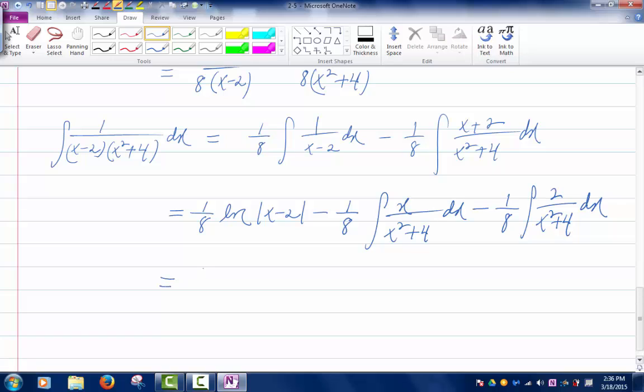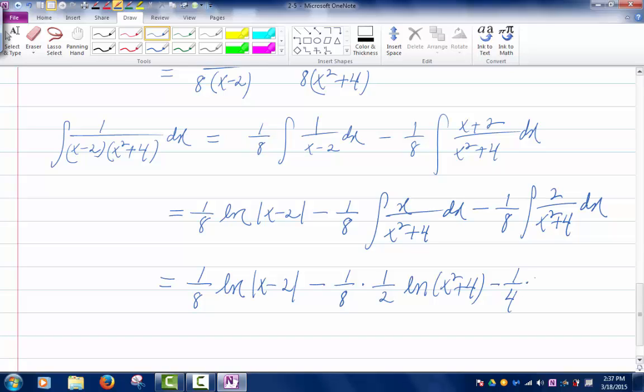So this would be 1/8 minus, what would be the integral in the second? We did it a few minutes ago, right? Yeah, the integral would be half ln of x squared plus 4. You have to do a substitution by taking u to be the denominator. And the last one, you get 2 over 8, so that will be 1/4.